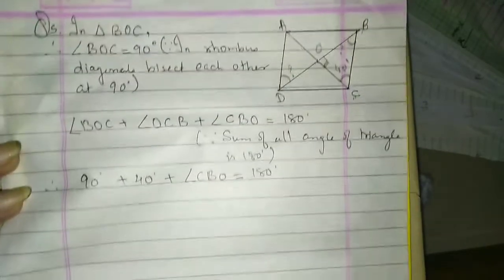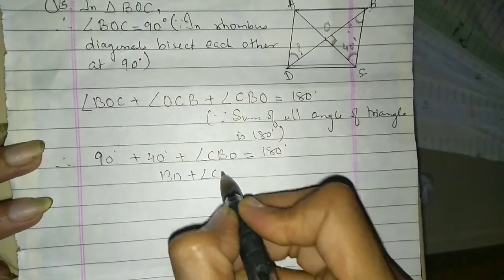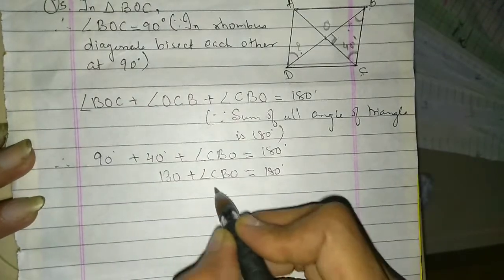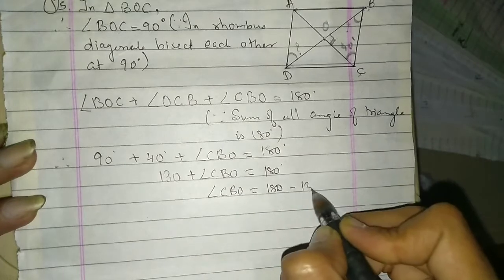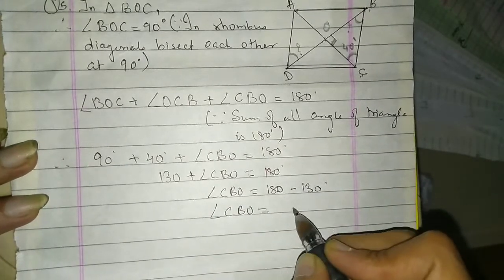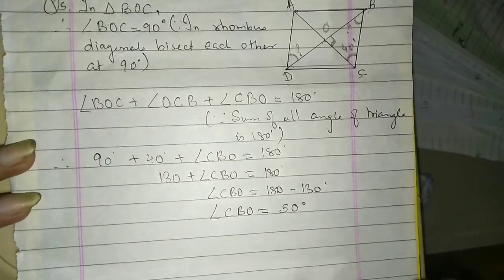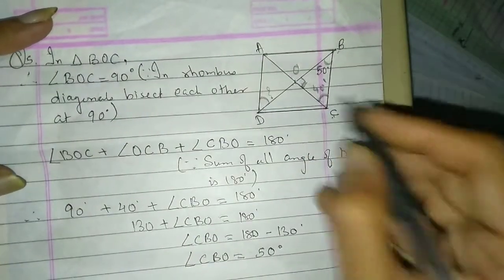Okay, so what we can write? 90 plus 40 is 130 plus angle CBO equal to 180. So angle CBO equal to 180 minus 130, which is 50 degrees.